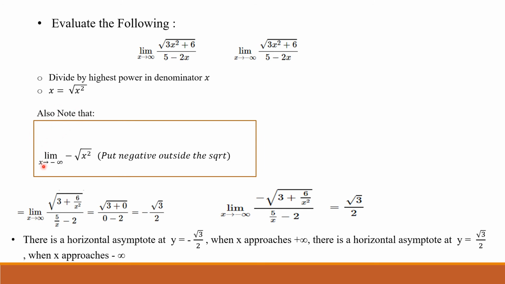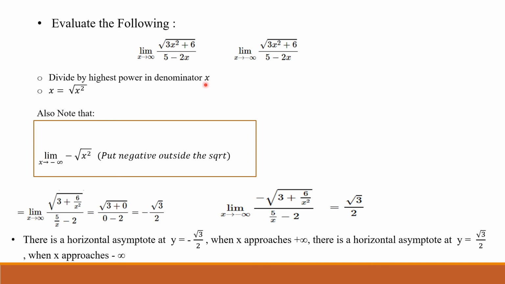The other thing to note is that for the limit as x approaches negative infinity, I'm going to add a negative sign outside the square root function. Because I can't put the negative inside the square root function, so I just put it outside, and this will also account for the fact that the square root of x squared could be a positive or a negative x.